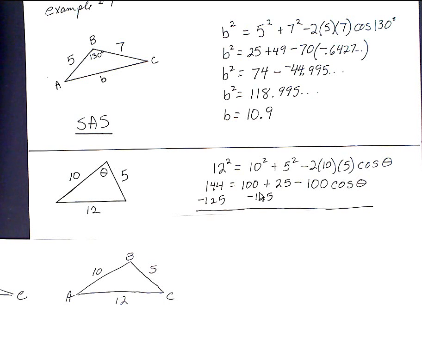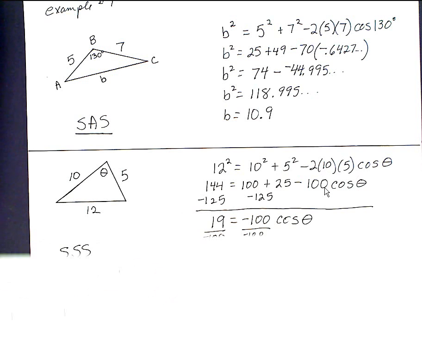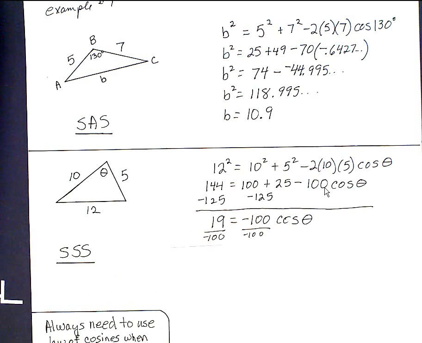You've got to move the 125 to the other side and leave the 100 with the cosine because you have to follow the order of operations. So we're going to get 19 equals negative 100 cosine theta, then we're going to divide by 100, and you get negative 0.19 equals cosine theta, and now we're going to hit inverse cosine.